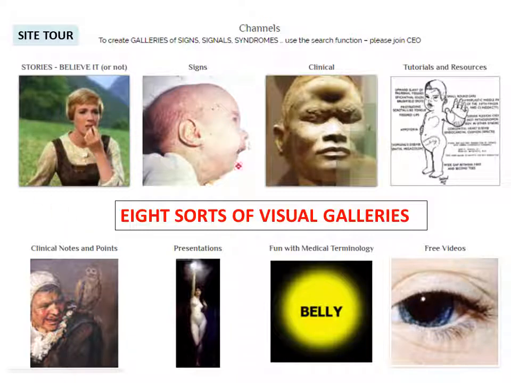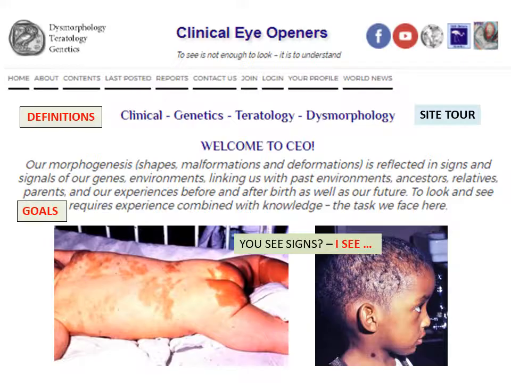These 3 are important for the following reasons. Because they let us illustrate definitions that very often healthcare providers don't have in mind. And those are the principles of clinical genetics, teratology, and the subspecialty dysmorphology.